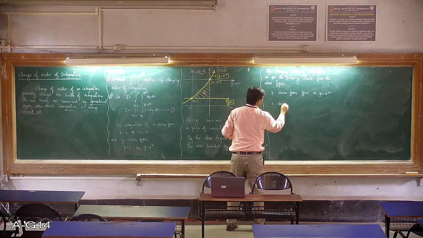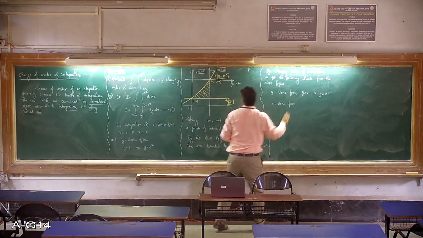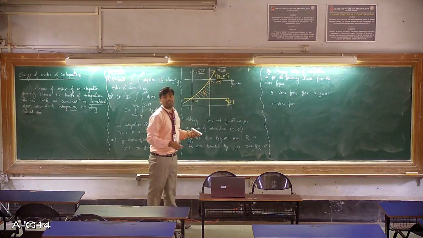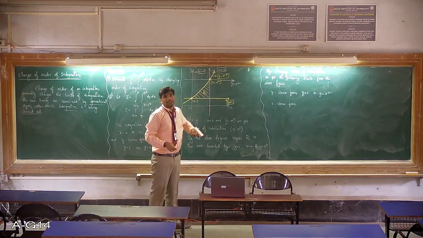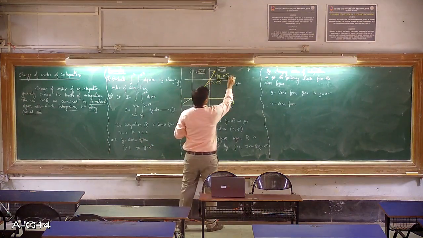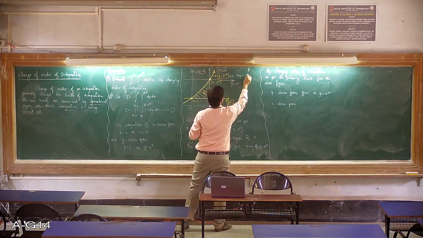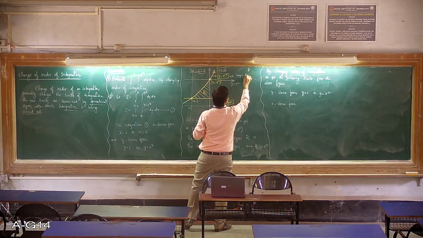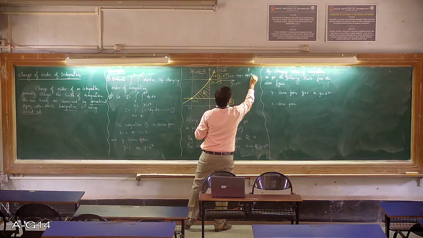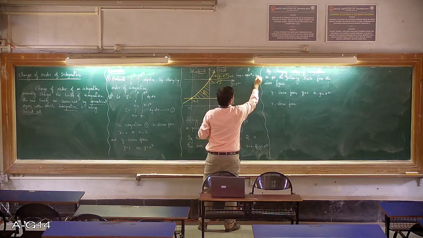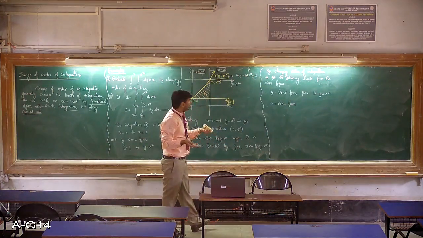So x varies from, here it is given y equals e to the power x. How will we write it? If you apply log on both sides, you get log y equals log of e to the power x. That means x comes down, and log of e to the base e is 1.